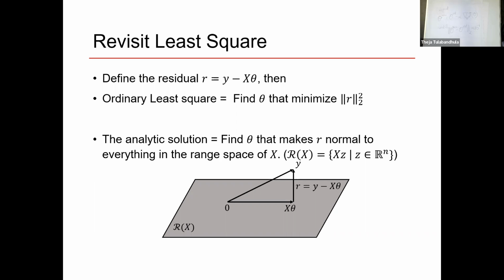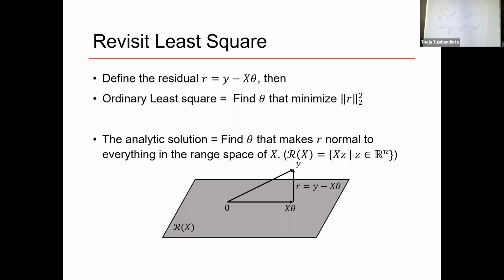Think of the range space as this plane. It's a vector space which is just called the range space for some reason. The reason is that the vector space is formed by taking vectors from Rn and multiplying them with a fixed X matrix, the data matrix, the feature matrix, basically.